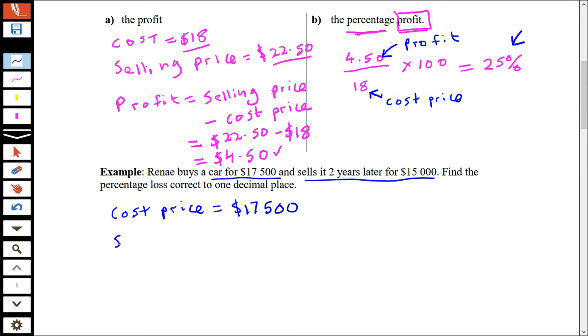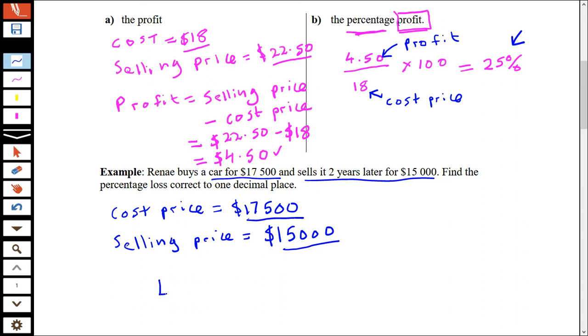So I'd say selling price is equal to $15,000. Now, obviously, there's been a loss, isn't there? Because if the car costs this much and then you sold it for this much, you're selling it for less than what it cost you. So that means you've got a loss there.